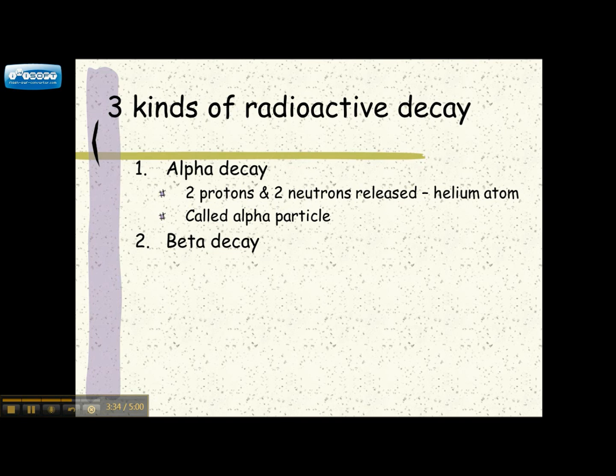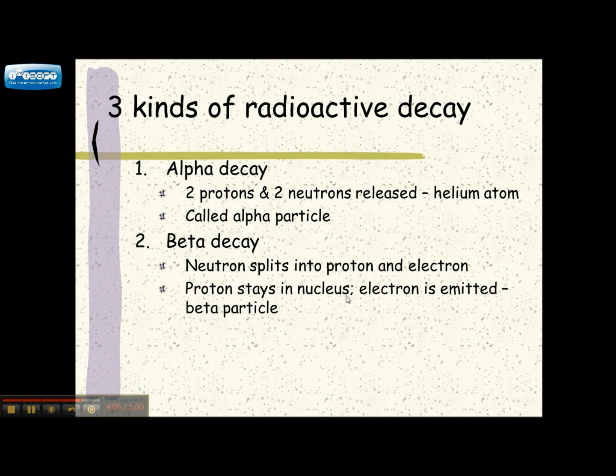The second kind is beta decay. And beta decay also releases particles from the nucleus. So a radioactive material will release a neutron, and this neutron will split into a proton and an electron. The proton stays with the nucleus, the electron is released.